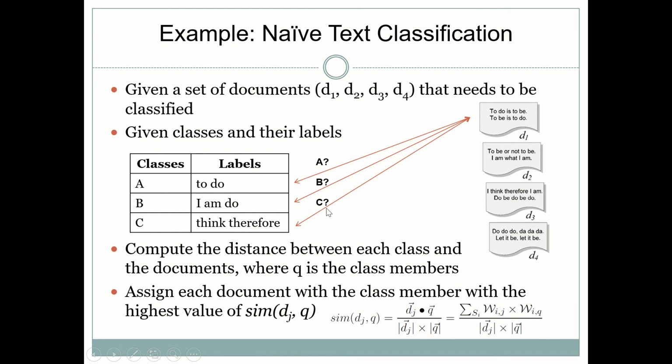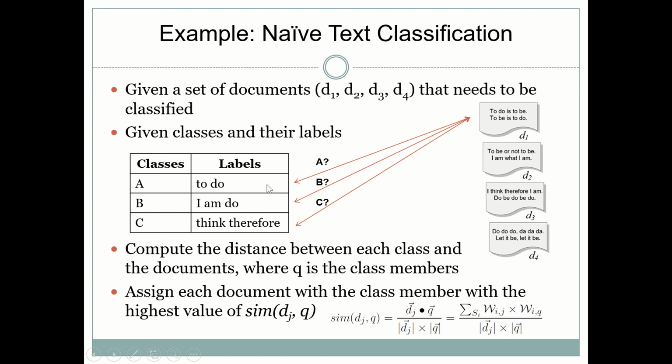We have studied how to measure the distance between two texts, or between documents and a query, so we can apply the same concept here. For each of these documents, we label by comparing the distance between the document and the labels here.